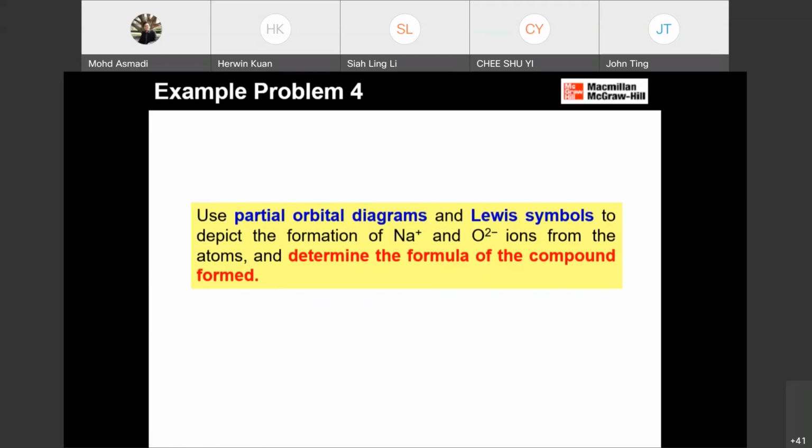Please do partial orbital diagram and Lewis symbol if you still remember. Just recall back. Jamboard, SETK2243, Page 4.